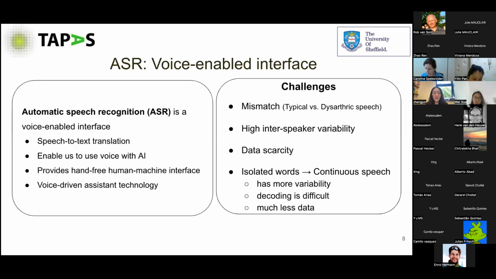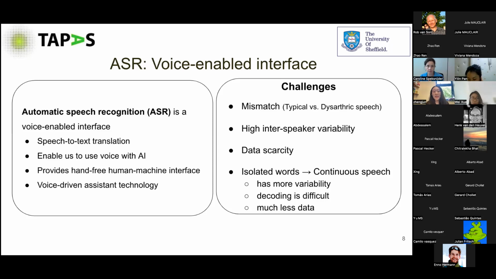However, the continuous speech case is more challenging than the isolated word task, because first, continuous dysarthric speech has more variability, and when people say multiple words, it's hard to move their articulators from one position to another position. So people with dysarthria might have more difficulty doing this.